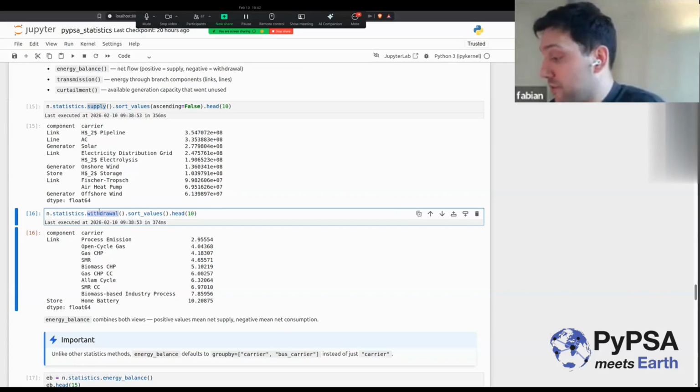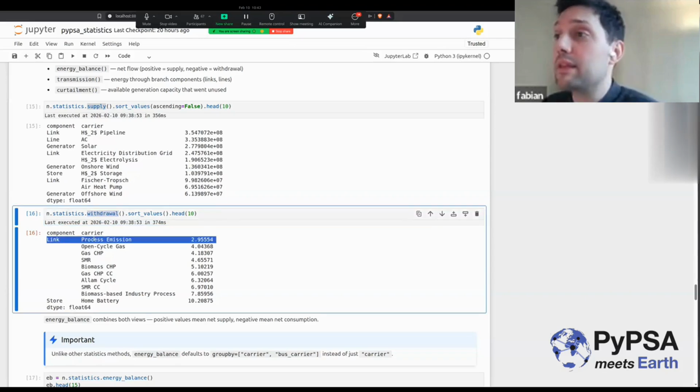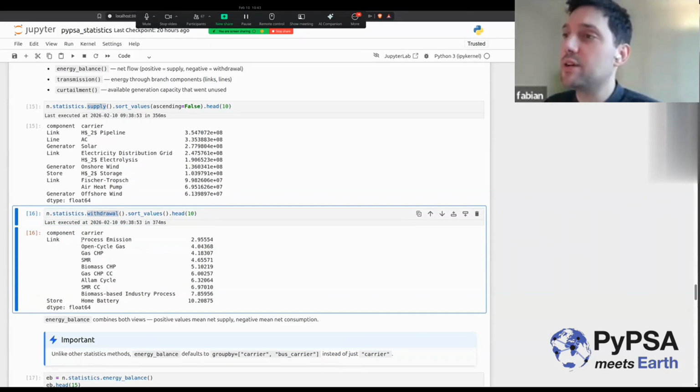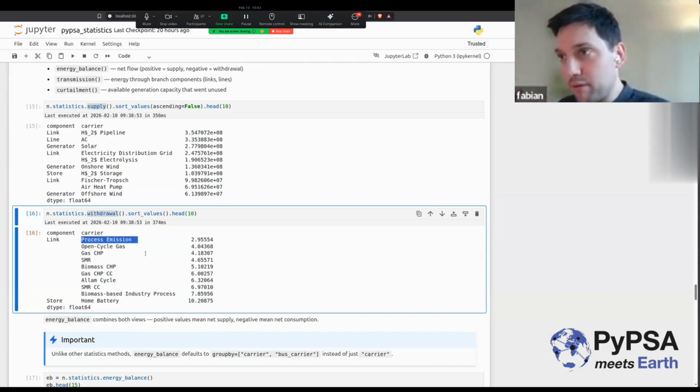Or withdrawing energy from one bus and transforming or transmitting it to another bus. So this also counts as withdrawal. And for example, you would see things here that might look a bit obscure, but process emissions is something that comes here as a link. So it is a thing that a link takes up from the system.